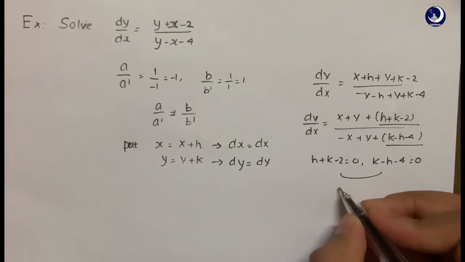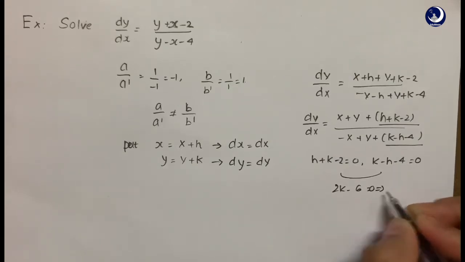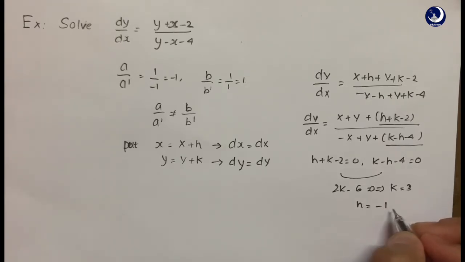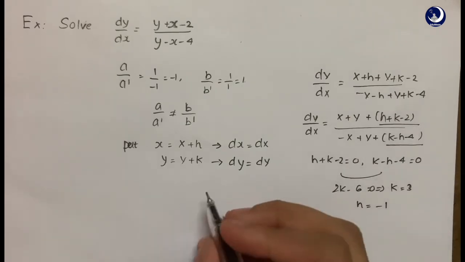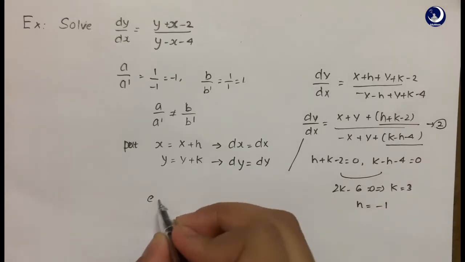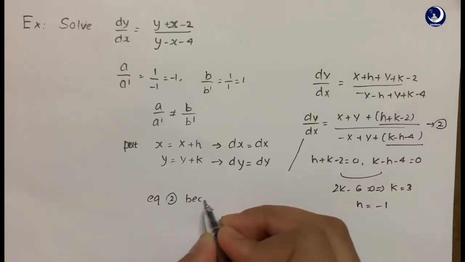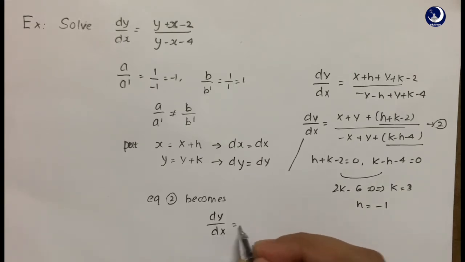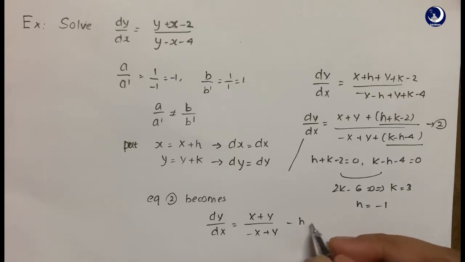On adding this, k value will be 3, h value will be minus 1. Now, equation 2 becomes, which is homogeneous in x and y.